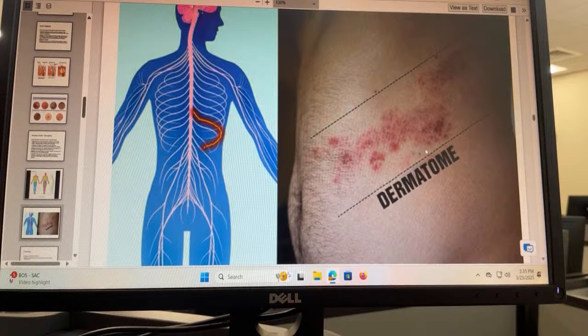Does that make sense? The virus is lying dormant in a specific nerve, and when it flares, it will show up on the skin above where the nerve is, and it will never cross over the spine. You notice it's only on the right side of the spine. It won't cross over to the other side. That's what it means by not crossing midline. I don't really know why, but that's just one diagnostic test to know whether this is herpes zoster or something else.